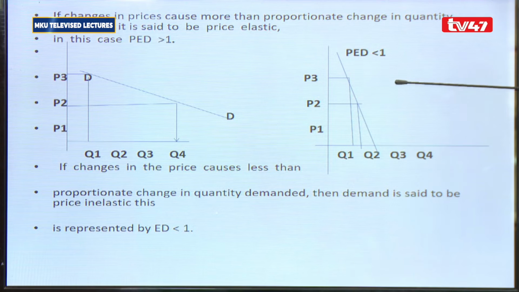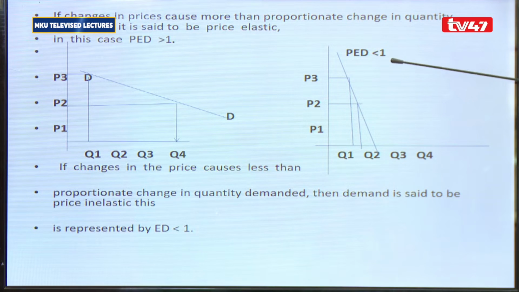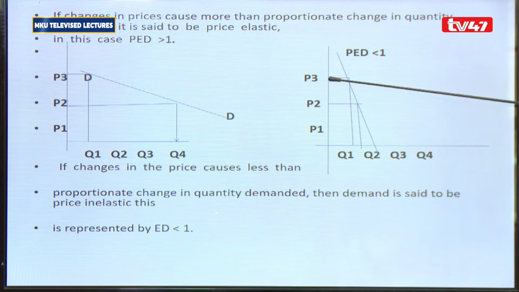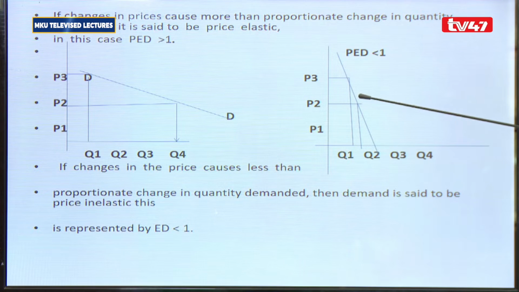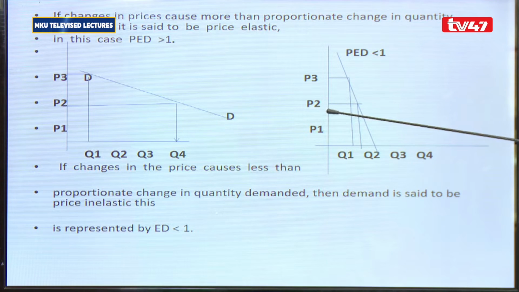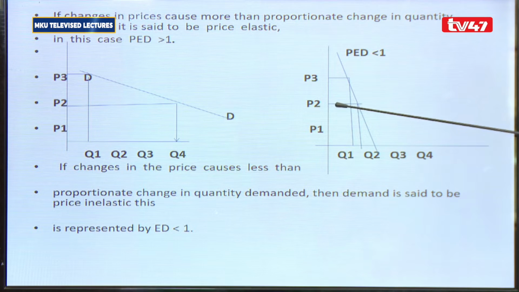Unlike where the elasticity is less than 1, when a big change in price triggers a very small change in quantity demanded. Let's look at what is happening here on this curve. When the price is at 2 shillings, 1.5 units are demanded.